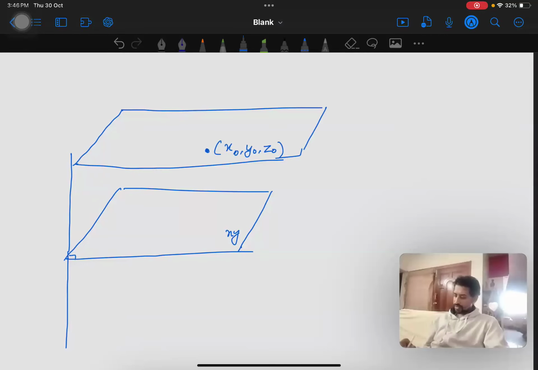Now, whatever is the distance over here from this line to this particular point in that plane is the same distance that it would have over here also. If you were to drop it vertically down, project it on the xy plane, these two distances would be exactly the same. This is nothing but the projection of this point on the xy plane itself.